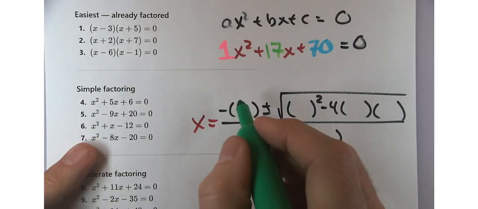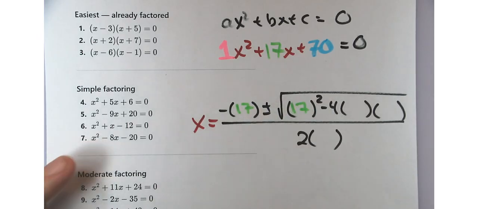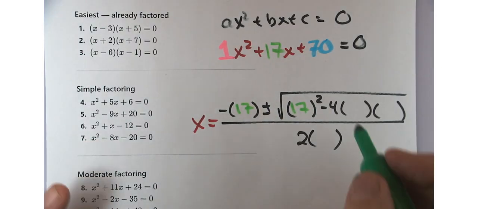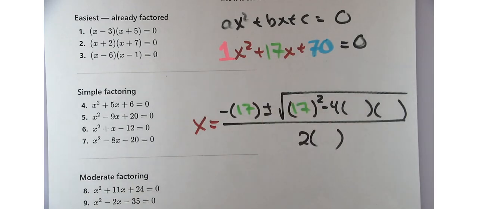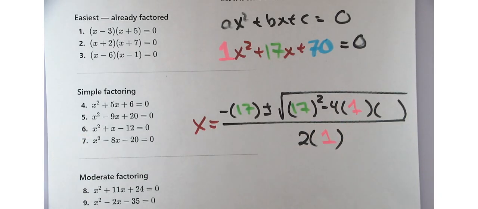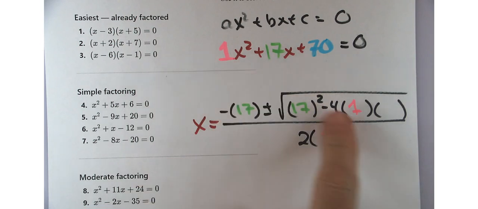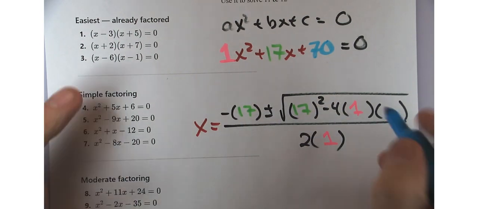So there's 2 freebies. Negative 17 plus or minus the square root of 17 squared minus 4 times a, which is 1. So I'll put that 1 here and here, over, it's going to be 4 times a times c. So that last one's going to be a 70. I'll put that in here.